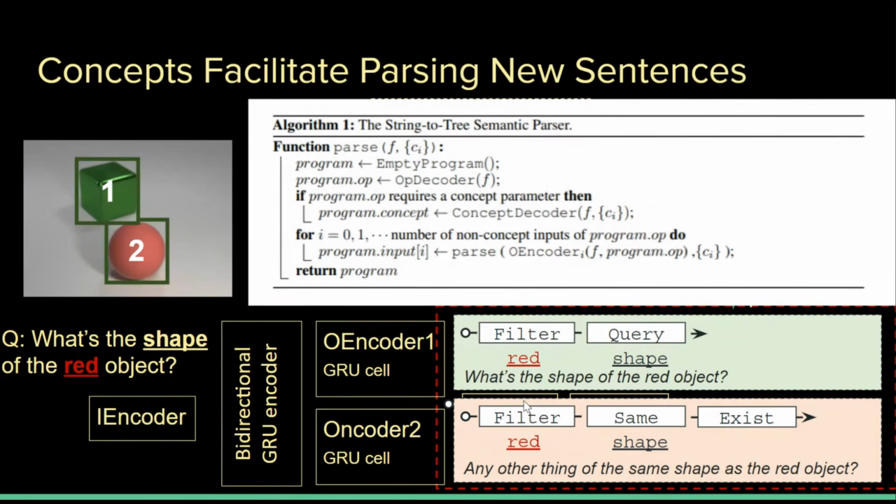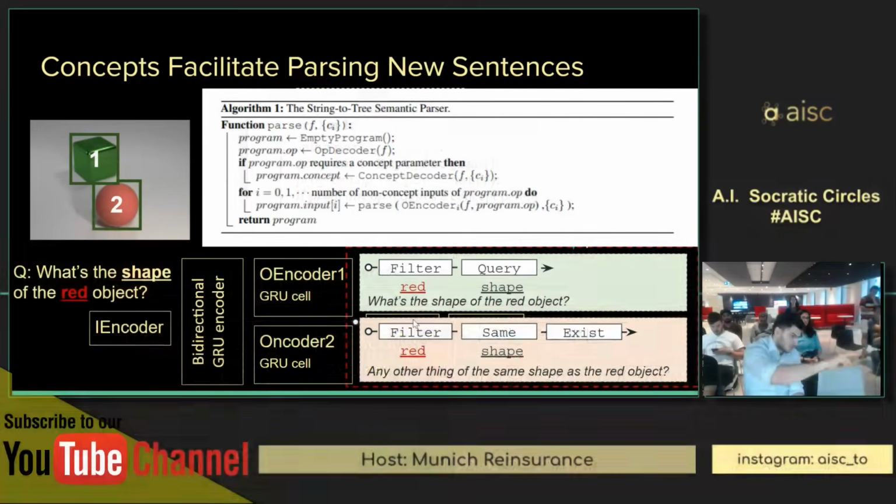Just to give you a summary of algorithm 1, the question is input into the bidirectional GRU encoder, and that's your F there in parse. And C is the set of concepts, as Pasha has mentioned. Then you have an operation decoder, which takes in the representation output by the bidirectional GRU and gives you a probability distribution over the program operations, like query, filter, and so on.